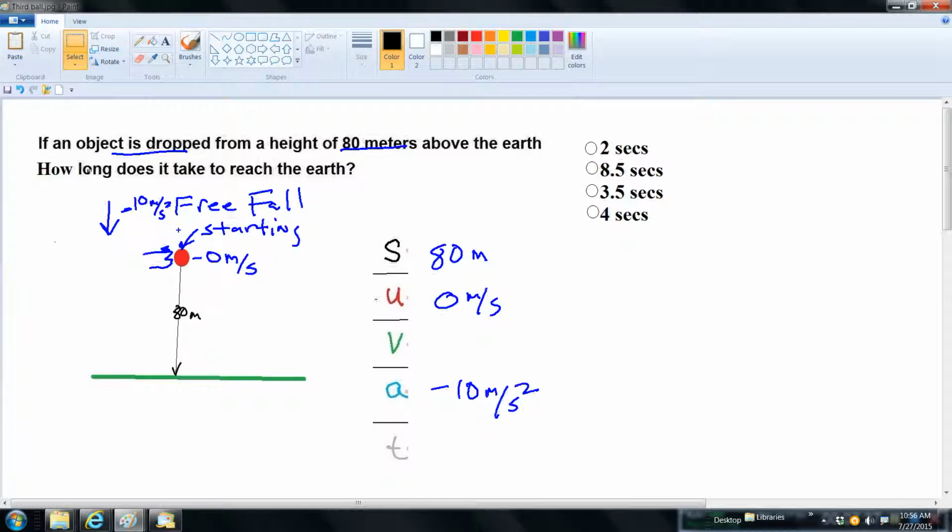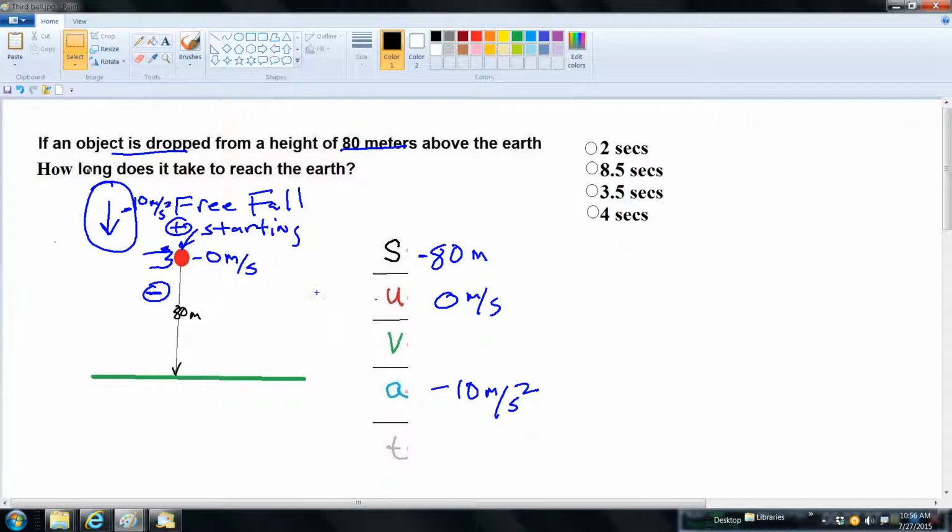So anything above the dropping point is going to be positive, and anything below that dropping point is going to be negative. So we're going to put negative. So the ball is going in the same direction as the acceleration vector. So important to watch those signs, otherwise your math won't work out. Okay, so that's step 2.